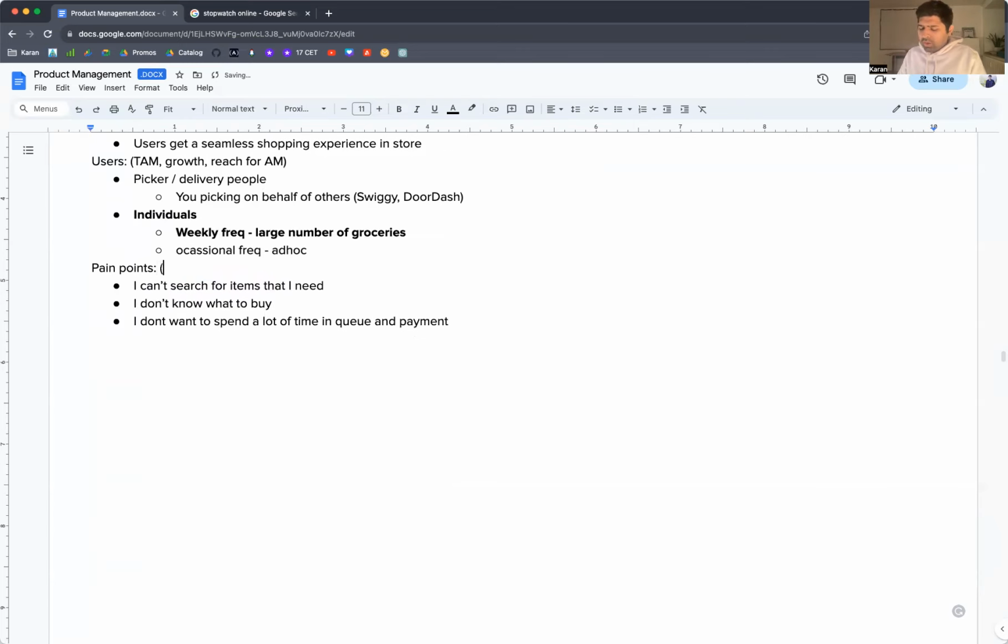And when I think of prioritizing the pain points, let's look at severity. Let's look at prevalence. And then also let's look at, can we solve this pain point? And does this pain point help us achieve the goal? Okay.